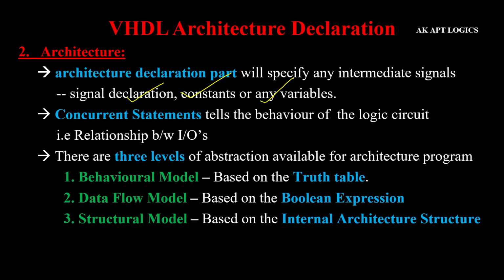Using logic gates only, we make any large design. It means the least component is the logic gate. Again, these gates are made up of transistors and all that stuff, but that is completely related to analog electronics. Okay, next, using that particular architecture structure, we are going to write the code. That code is called the structural model.